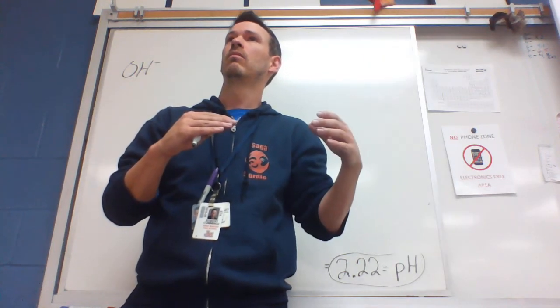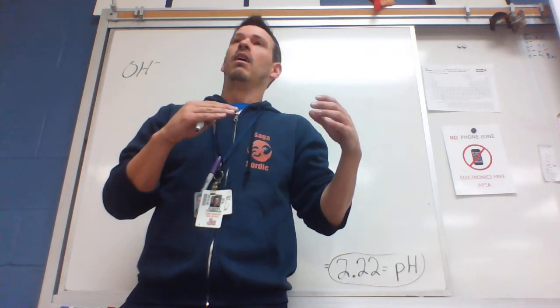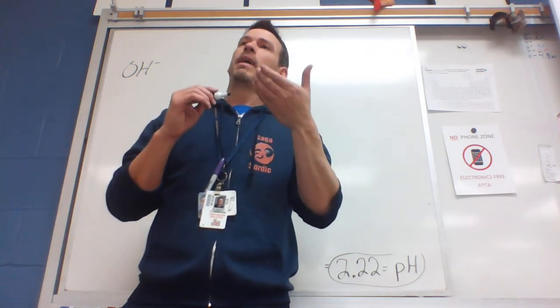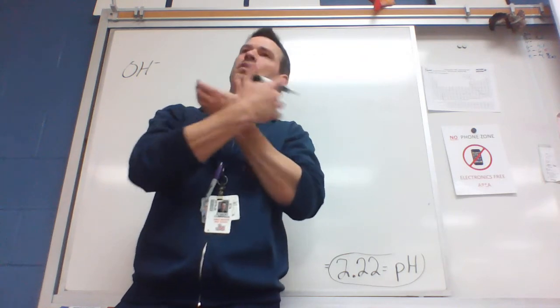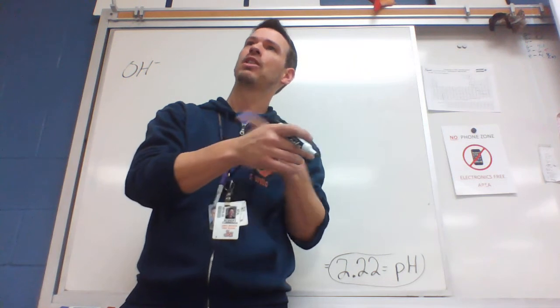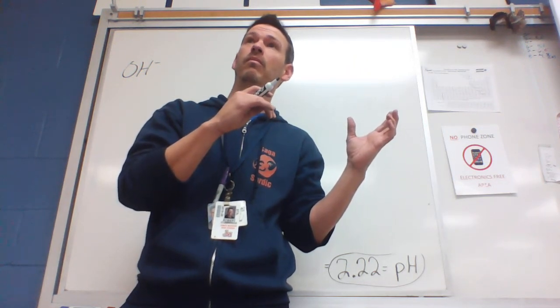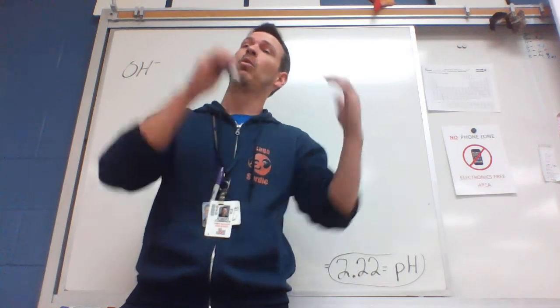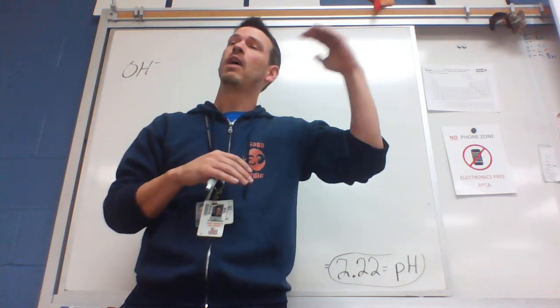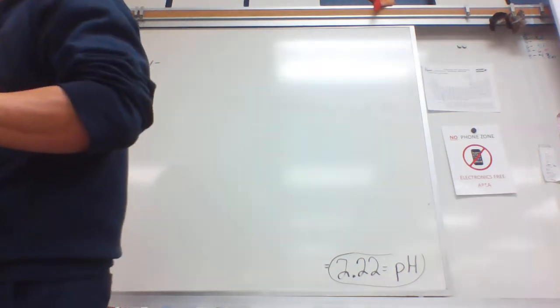A buffer is a weak acid or base and its conjugate both in the solution together, like your blood has carbonic acid and HCO3 minus. We had the example where we completely ran out of one earlier, and we only had the ion left.